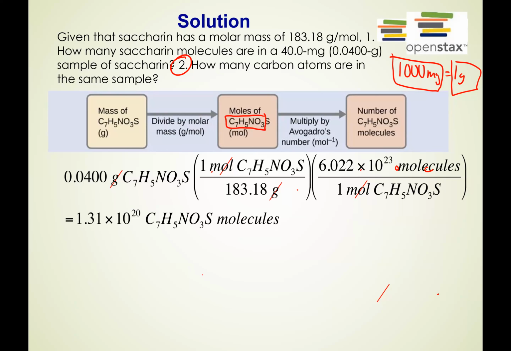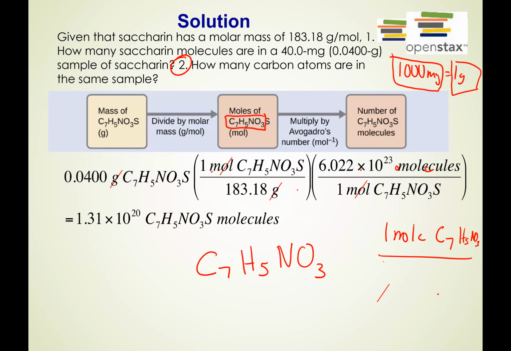So our saccharin is C7H5NO3. How many carbons are in that? 7. So for every one molecule of C7H5NO3, there are 7 atoms of carbon.